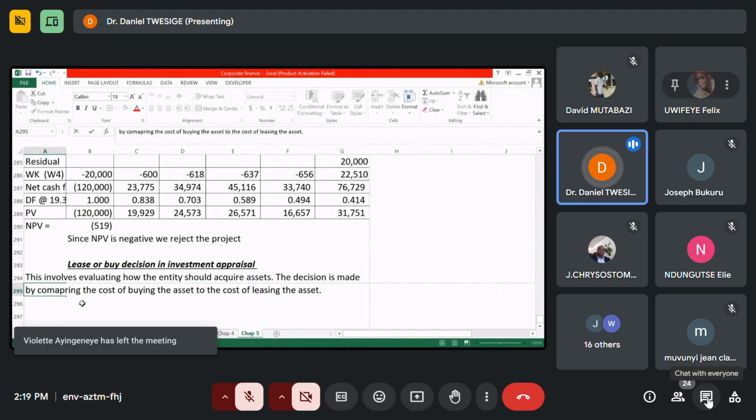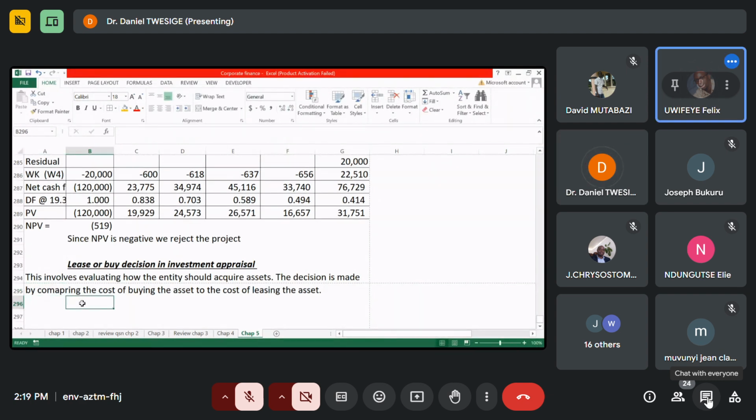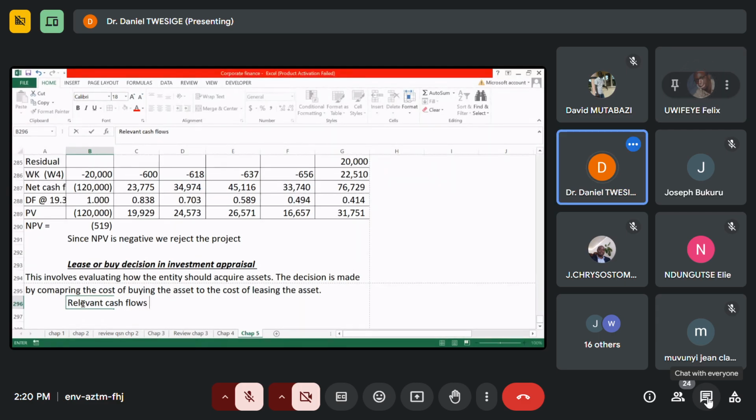What are the cash flows on purchase? What are the cash flows on lease? Then determine the value. So, relevant cash flows for a lease decision.